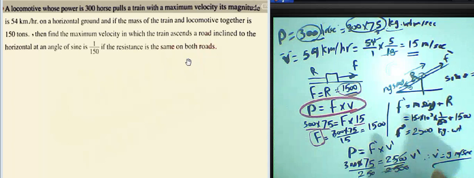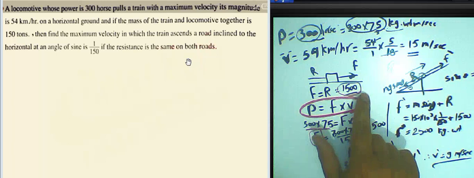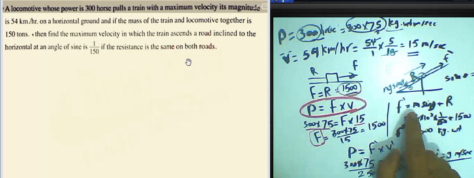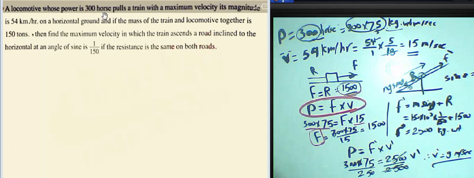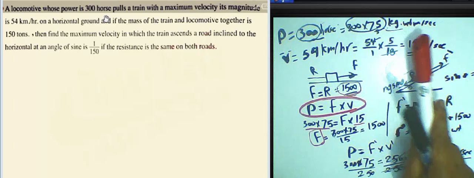If you convert this to Newton by multiplication by 9.8, you must convert the weight too. But he tells us in the example the power was 300 horse, and we convert from horse to kilogram weight meter per second by multiplication by 75. If you want to convert from horse to Newton, you must multiply by 735. But in this example, I convert it from horse to kilogram weight meter per second.